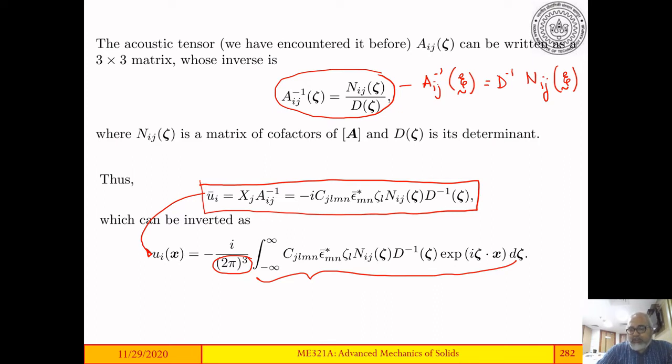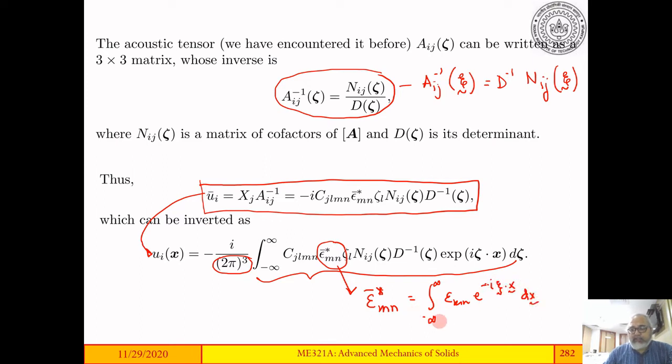Now let's go a step further, because we don't really want to solve this integral right now. What we want to do is to extract the Green's function from it. So to do that, I will replace epsilon mn star bar by its Fourier transform. So this is obviously true. Epsilon mn star bar is by definition a Fourier transform, minus infinity to infinity epsilon mn star e to the power minus i zeta dot x dx.